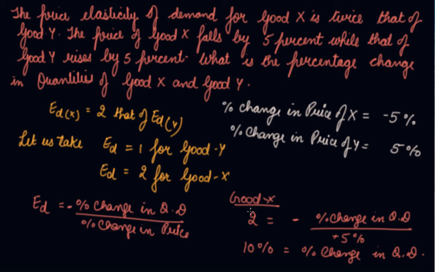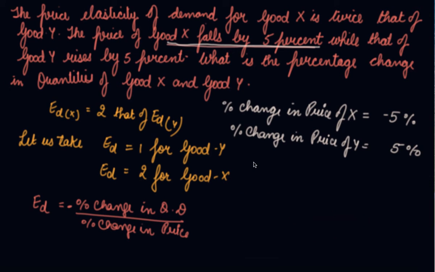So what will happen? The price of X has fallen by 5%, so the quantity demanded will increase by 10% due to the law of demand, that with the decrease in price, your quantity demanded increases. So there is a fall of 5% in the price of X, so there is an increase of 10% in quantity demanded of X.